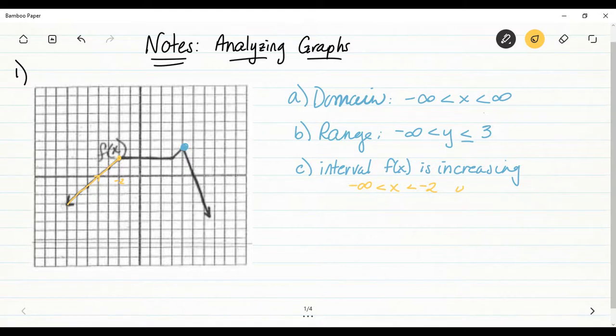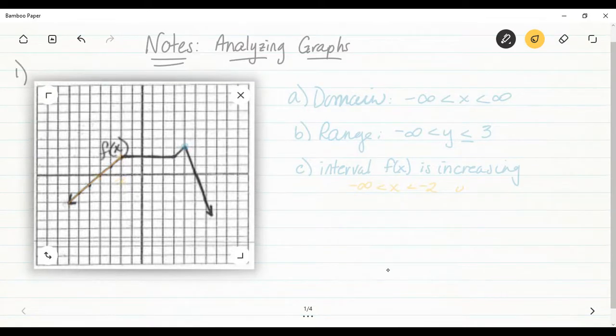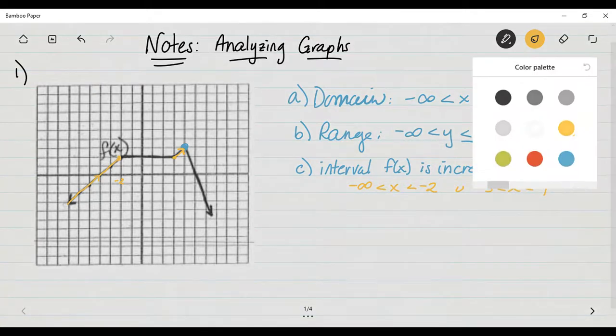We have another increasing interval. If we travel across horizontally, it is not increasing, but when we get to 3 on the x, we increase for 1 unit from 3 to 4. Those are our 2 increasing intervals.